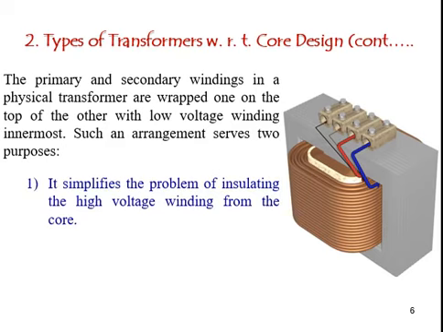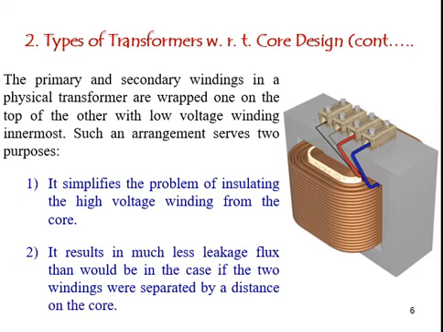One purpose is that it simplifies the problem of insulating the high voltage winding from the core, and the second purpose is that it results in much less leakage flux than in the case where the two windings are separated by a distance.